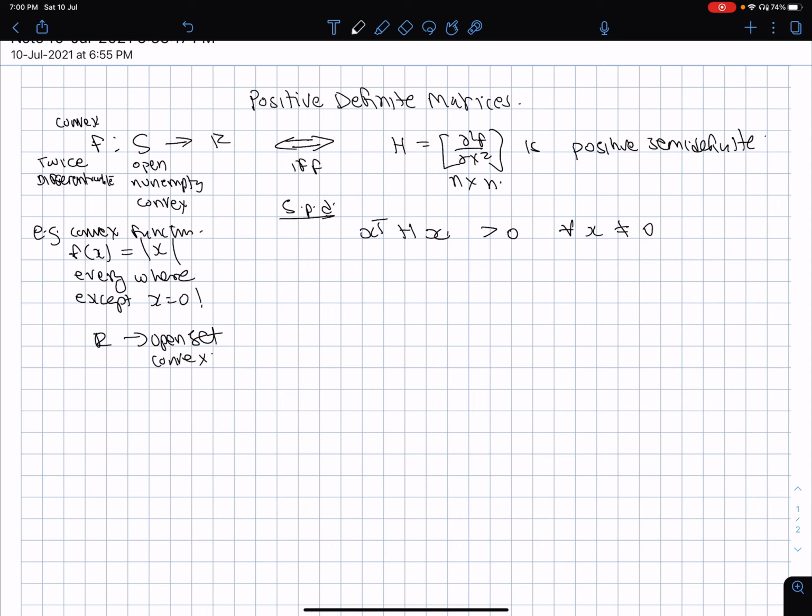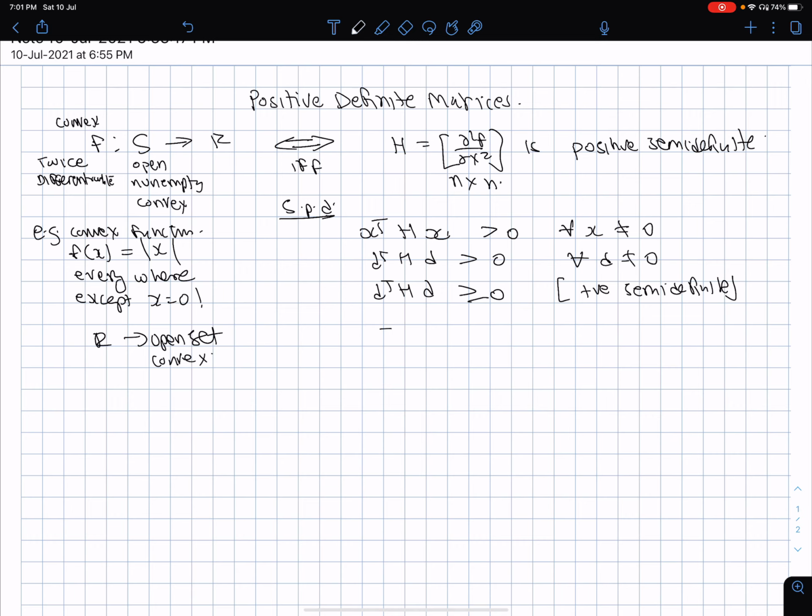If d transpose Hd is greater than or equal to 0 for all d, then we say it is positive semi-definite. Of course, if you set d to 0, then it will be 0. There is nothing big about it.